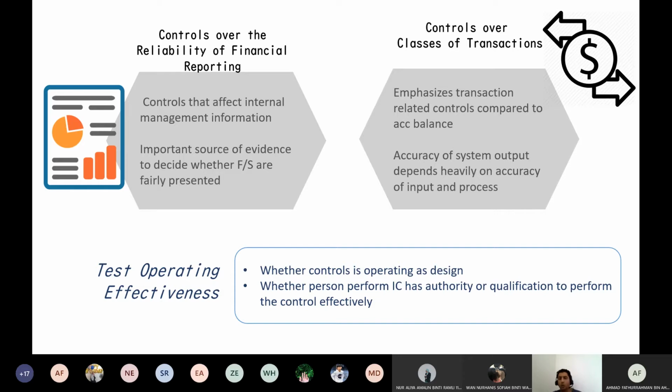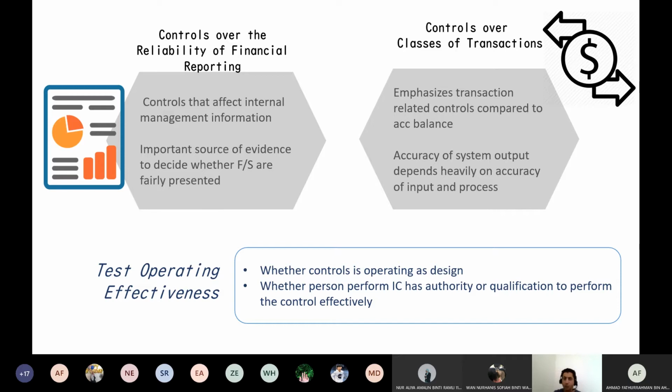So control over class of transaction is emphasis on transaction related to control compared to account balances. Accuracy of system output depends heavily on the accuracy of input and process.